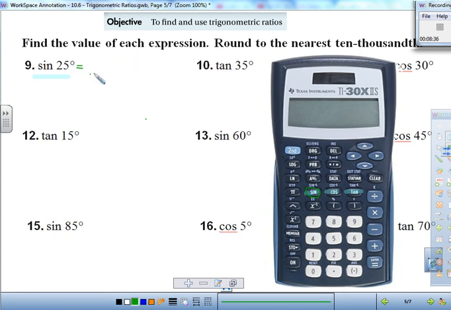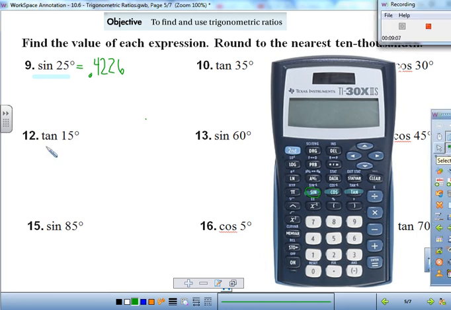Okay, so we're going to have 4 decimal places. So it's 0.4, that's the tenths place, 2 hundredths, 2 thousandths, 6 ten-thousandths, and there's a 1 after that, so we just leave it like that, 0.4226. So that's the sine of 25.